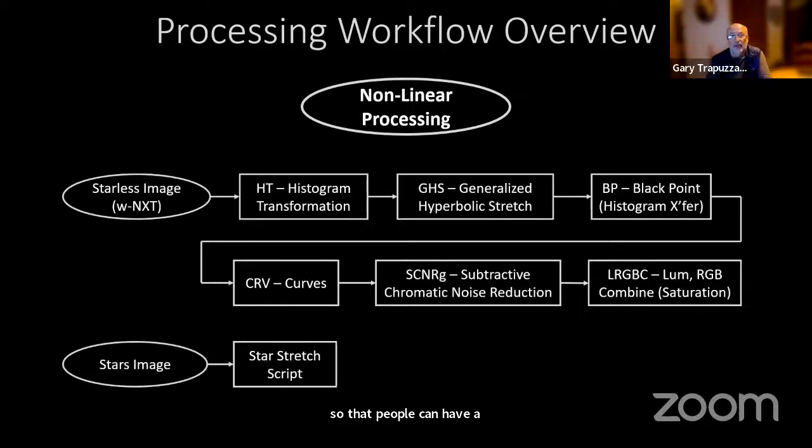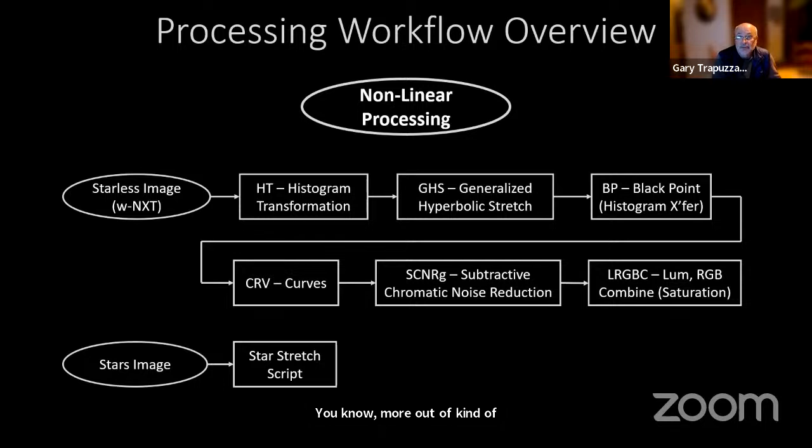For nonlinear processing, I take the starless image with the Noise Exterminator. And then I run it through a histogram transformation. I then run it through a generalized hyperbolic stretch to get more out of the meat of the data.